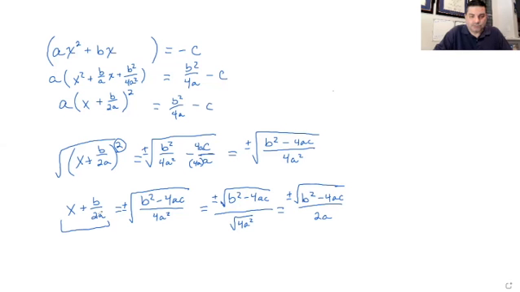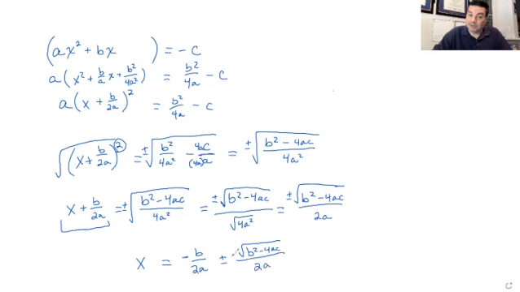So I'm going to subtract b over 2a from both sides, and I'm going to be left with just x. And when I subtract that, I'm going to put that first. I'm going to say negative b over 2a plus or minus the square root of b squared minus 4ac over 2a.